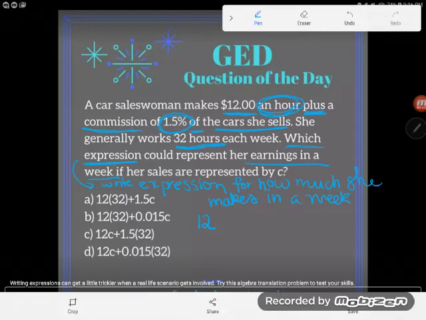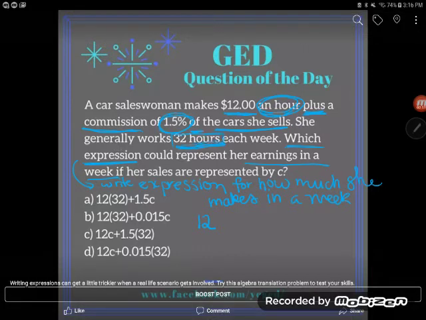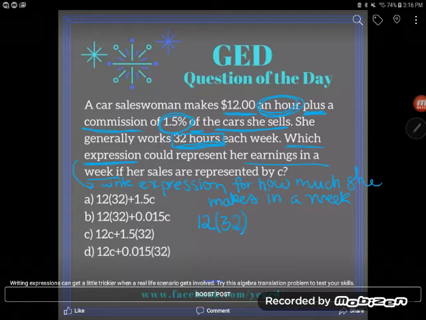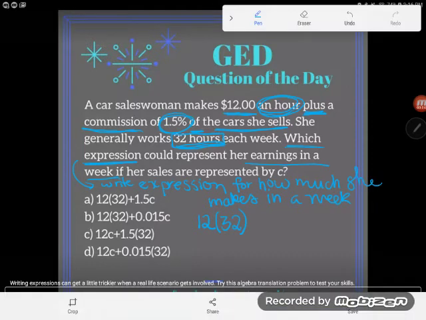That's $12 for the first hour, and $12 for the second hour, and $12 for the third hour. In fact, she makes $12 many, many times. Well, how many times? Well, let's take a look. She's working 32 hours a week, so she's going to make $12 for each one of those 32 hours, or $12 32 times. So I know my expression has to have a 12 multiplying by a 32.